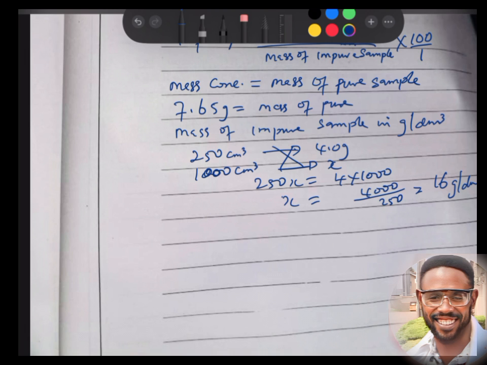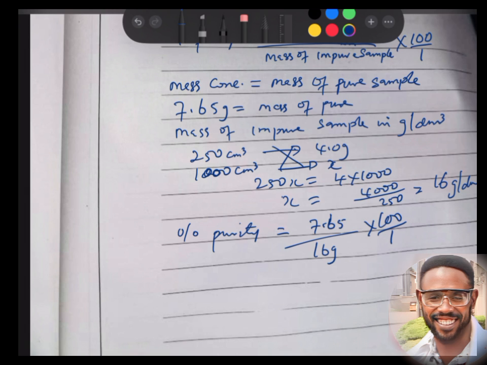Therefore, percentage purity, we have gotten everything we want, should now be 7.65 gram, which is the mass of pure, all over 16 grams times 100 over 1.